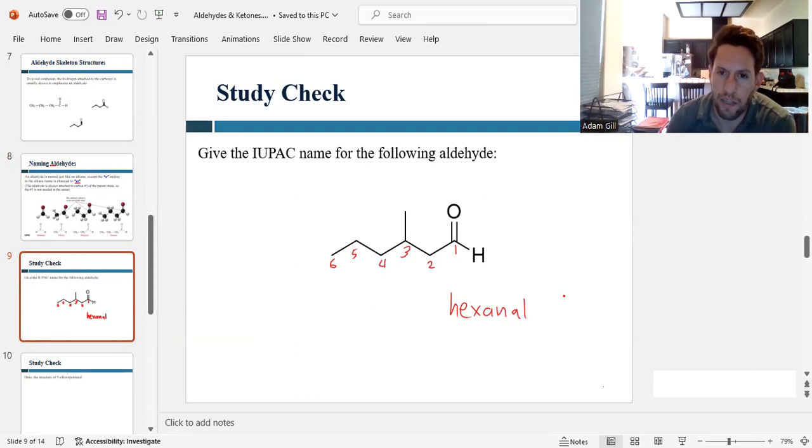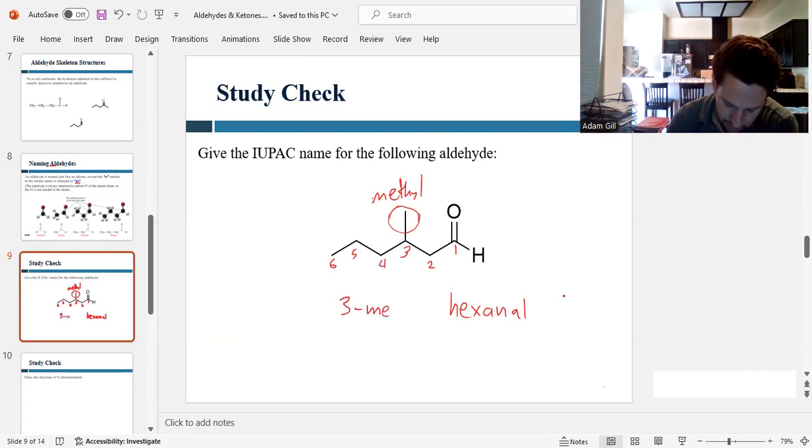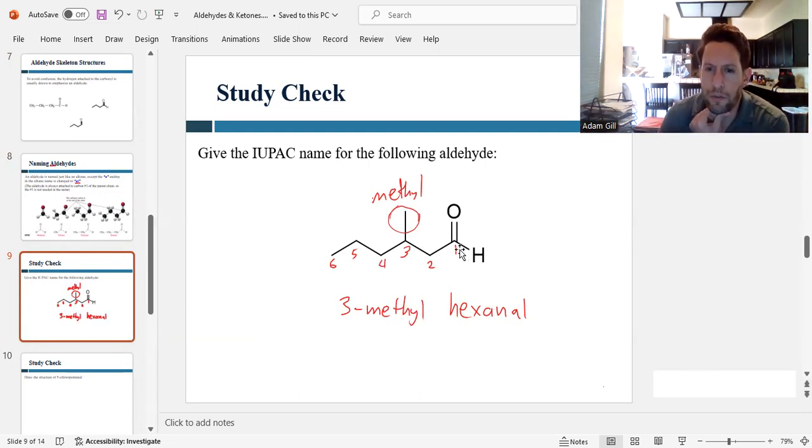And it looks like we've got something sticking off of carbon 3 here. That looks to me like a methyl group. And so we would have 3-methyl hexanal. Now, you don't need to include the number 1 for the location of the aldehyde because aldehydes are always number 1. So just 3-methyl hexanal.